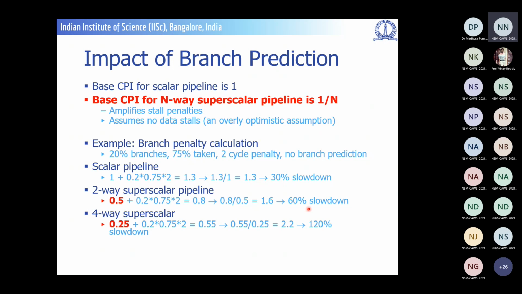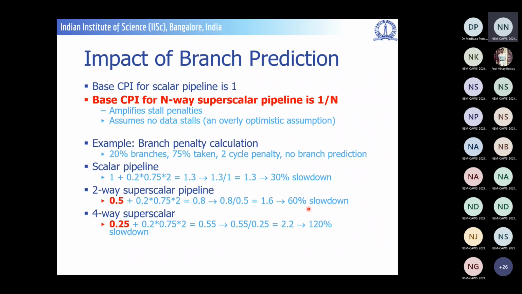The basic thing that I'm trying to drive here is that if you go after a highly superscalar processor, with a larger superscalar width, you should be aware of more complicated bypass and more complicated stall logic. You have more porting in the caches, but you also need a better branch predictor, because the relative cost of branch misprediction becomes more and more as you go for higher superscalar width.